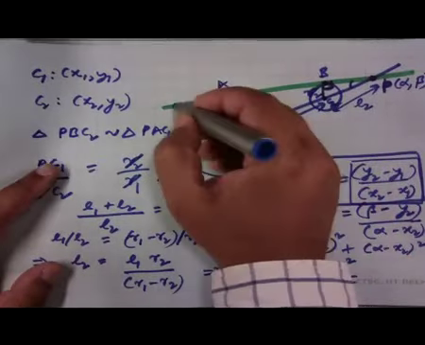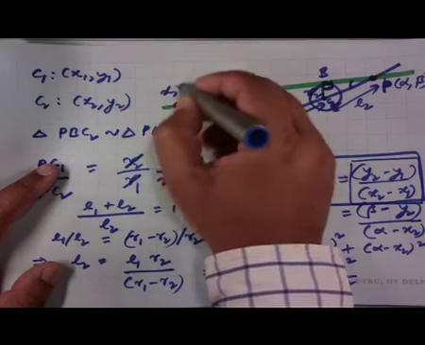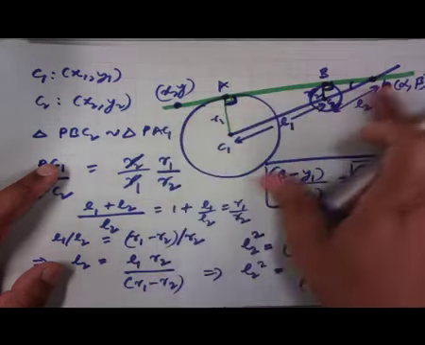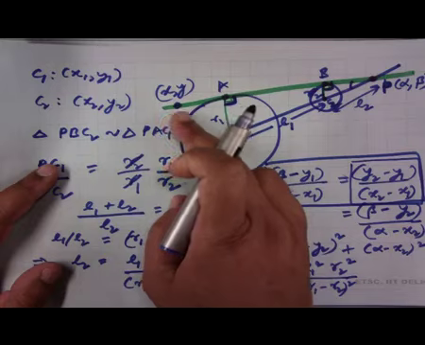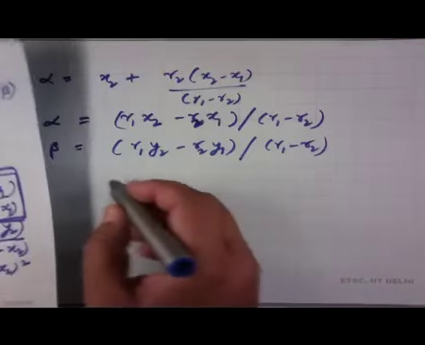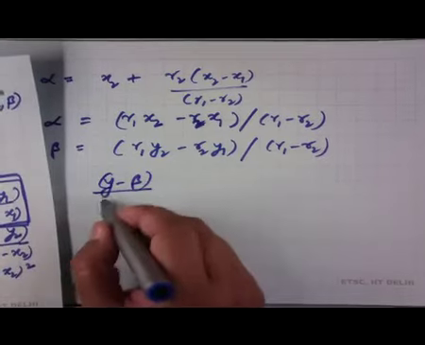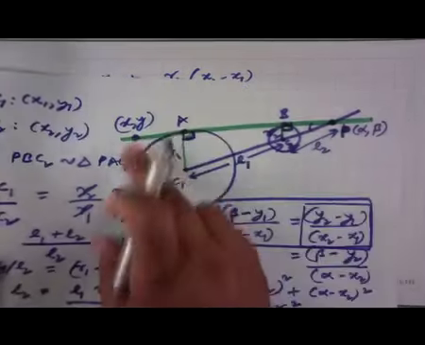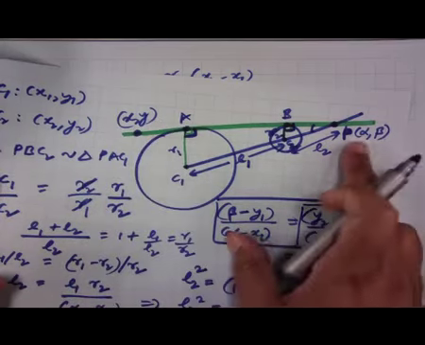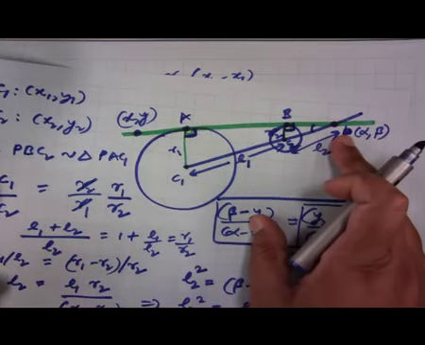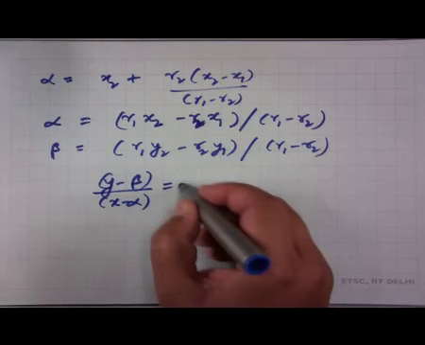Therefore, if there is any point x comma y on this direct common tangent, then y minus beta upon x minus alpha is going to be the slope of this direct common tangent, and let that slope be equal to m.